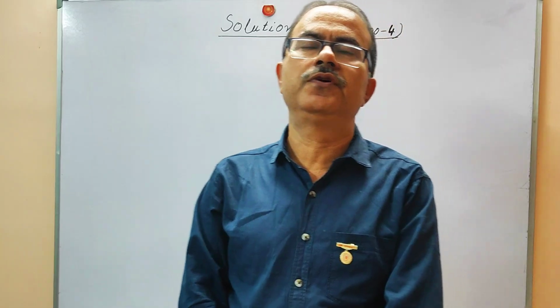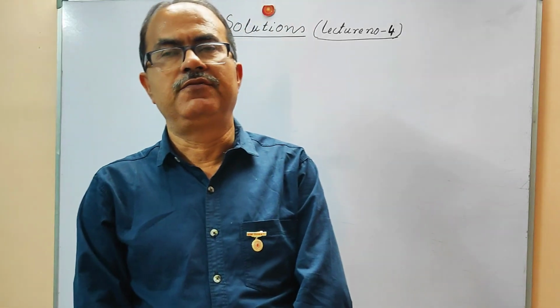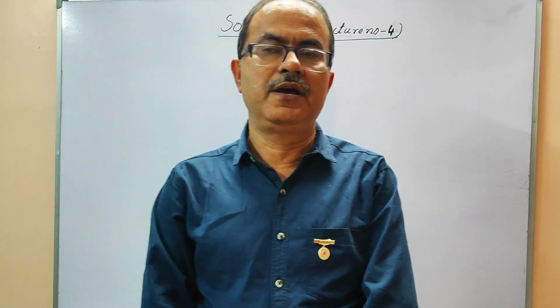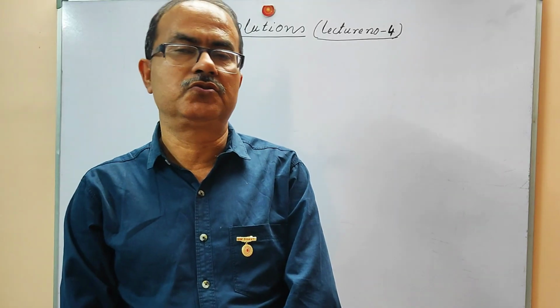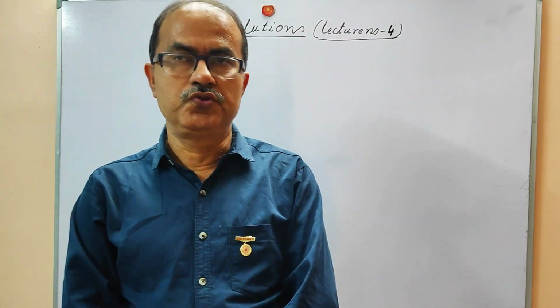In this chapter, let us have some recap on what we have discussed so far. In the first lecture, we discussed the definition of solutions, what is solute, what is solvent, and the different types of solutions.